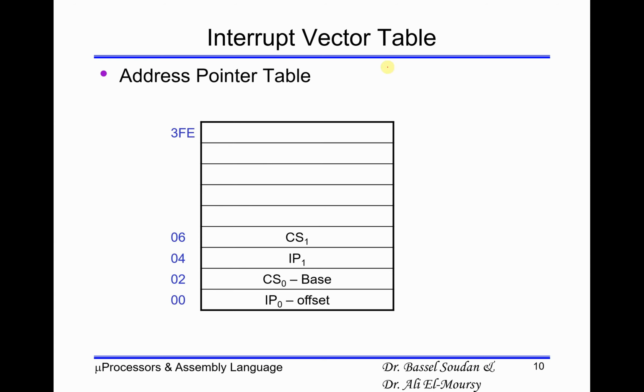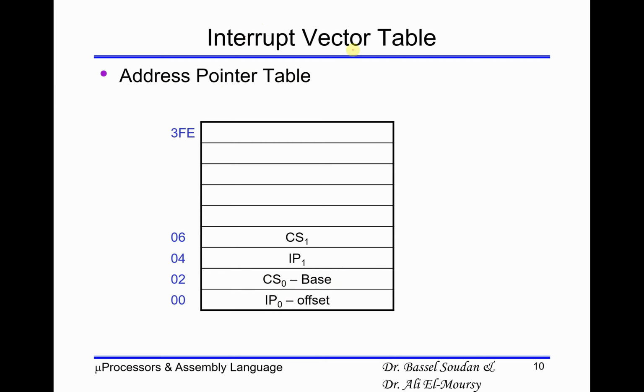This is a small memory that exists inside the machine. In that memory, it's not a ROM, it is actually a RAM. The values for the CS and the IP for each interrupt are stored in the APT.